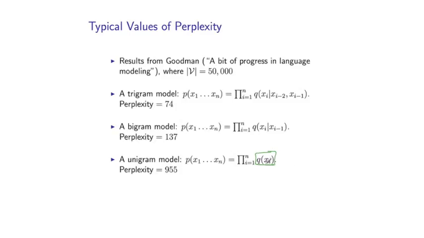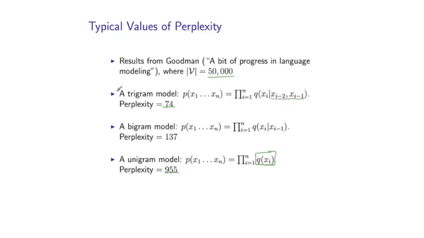This model will have the ability to model the differences in frequencies of different words, but will have no ability to model context. The perplexity in this case was close to 1,000. So you'll notice that this is really dramatically larger than the value for a trigram model. We've certainly got a lot of benefit out of conditioning on the previous two words. It's still rather better than 50,000, though, the vocabulary size.